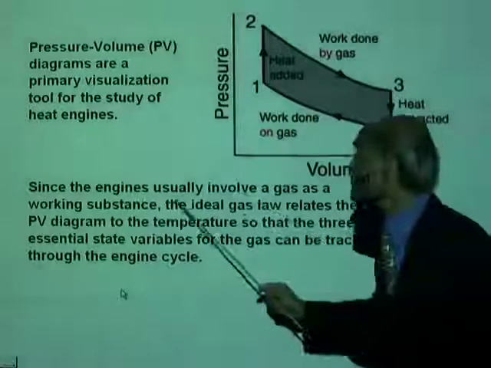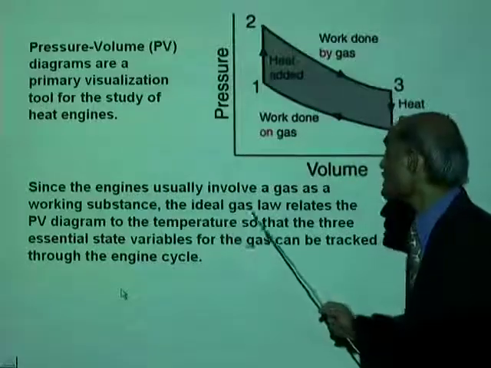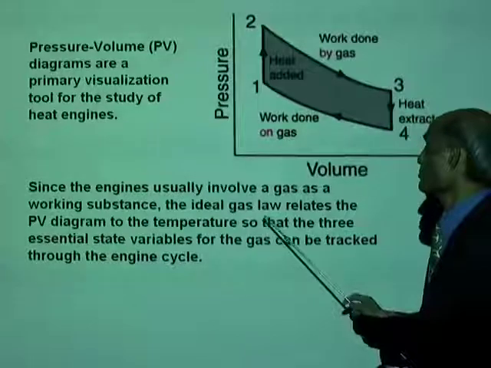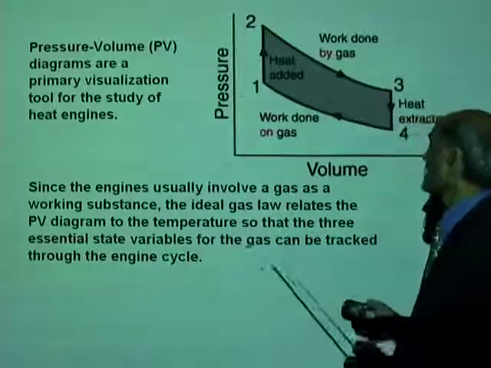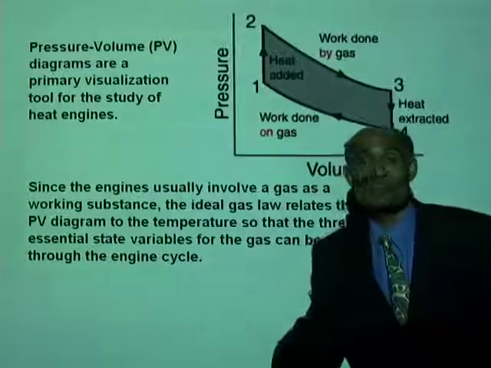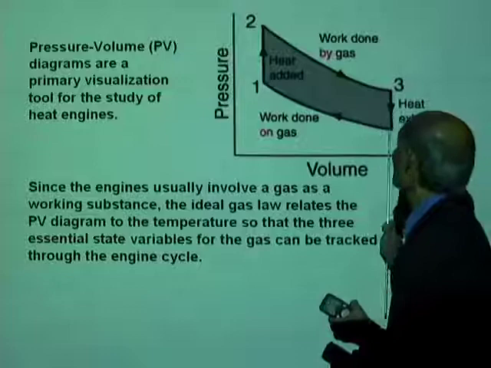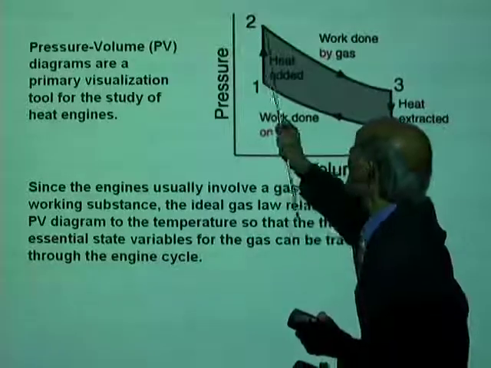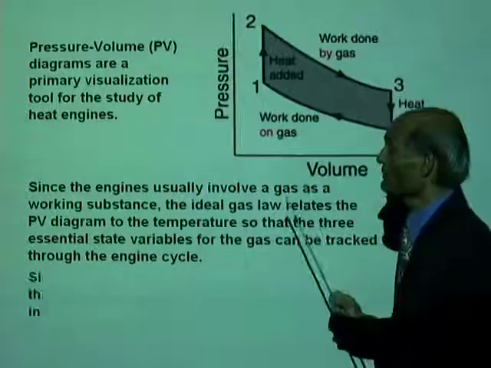So since the engines usually involve a gas as a working substance, the ideal gas law relates the PV diagram to the temperature, so that 3 essential state variables for the gas can be tracked through the 4 cycles of the engine. I gave you the 4 cycles. You got the charging stroke, the compression stroke, the heat added, then the working stroke, and then the exhaust stroke.